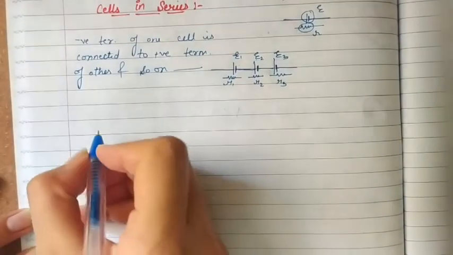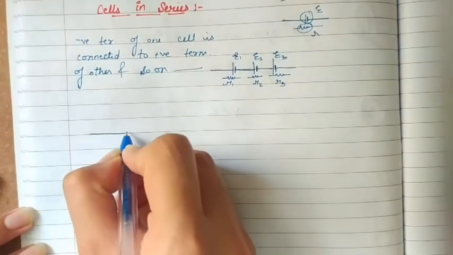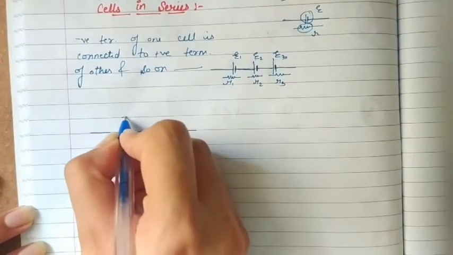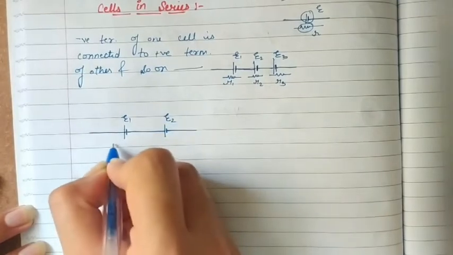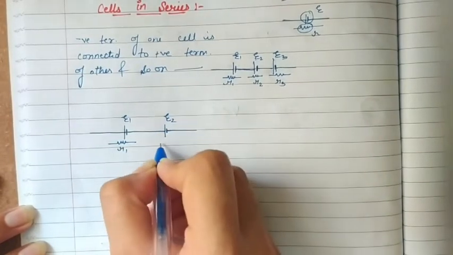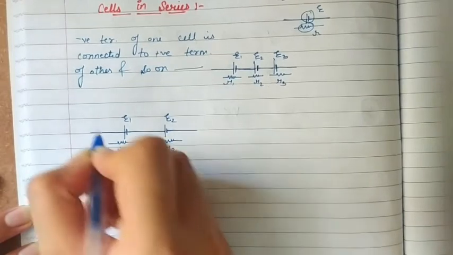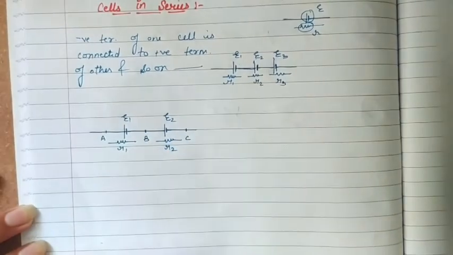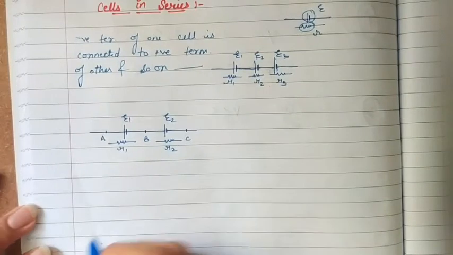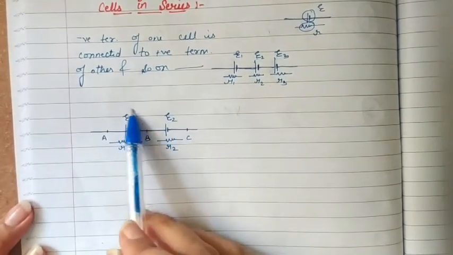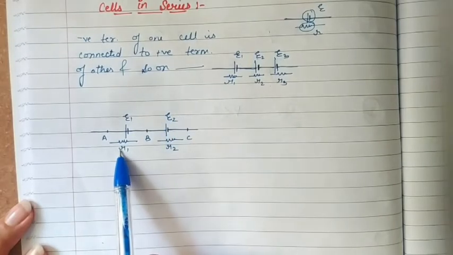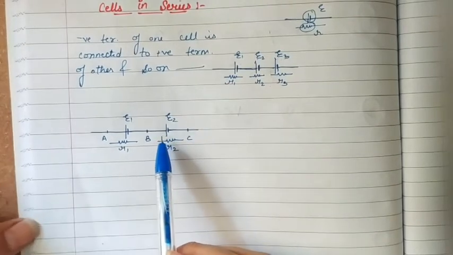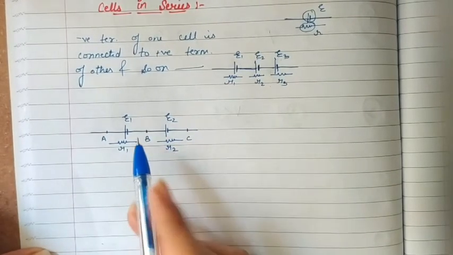To understand this, let us consider two cells with EMF epsilon 1 and epsilon 2 and internal resistances R1 and R2 connected in series between the points A and C. We know that current moves in the circuit from positive terminal to negative terminal.